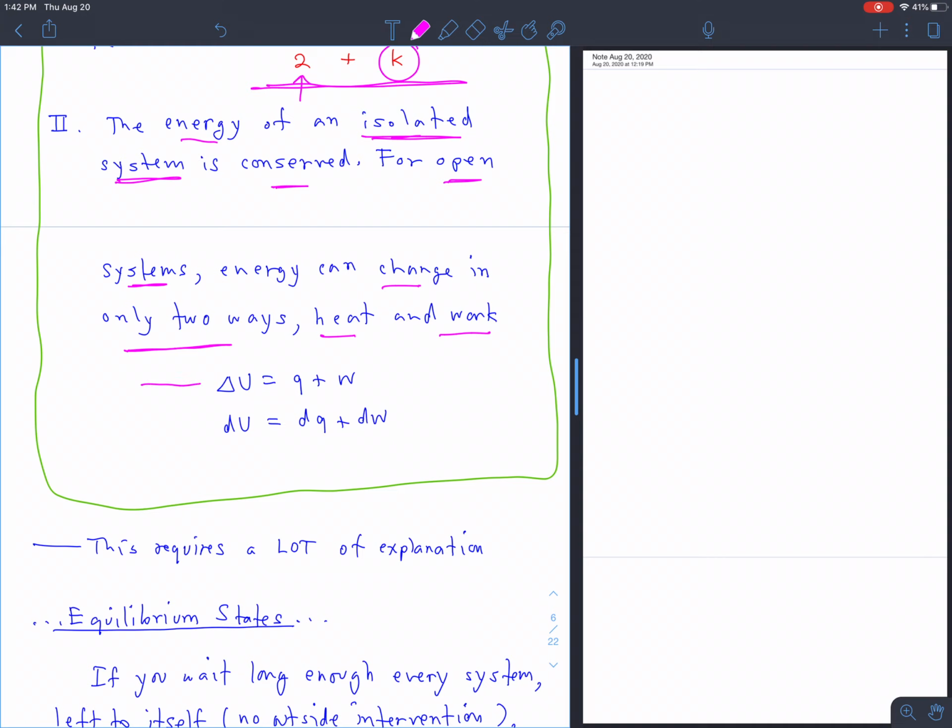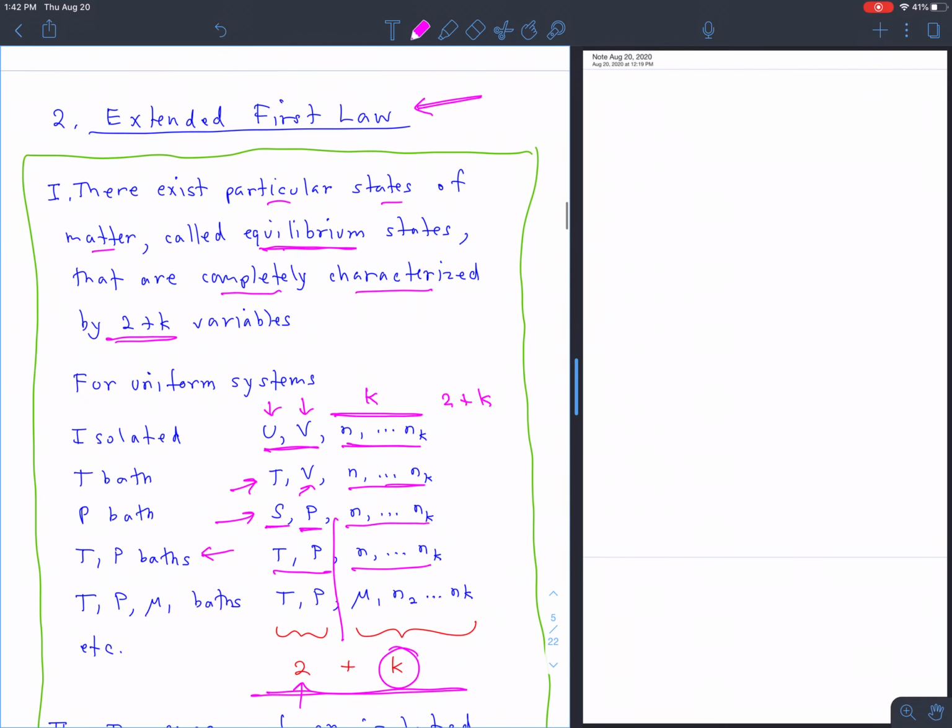And that means the energy change for the system. So whenever I write U here, that's the symbol for thermodynamic energy in this class. The change in the thermodynamic energy of the system is equal to the change caused by a heat flow and the change caused by whatever work has been done. If it's a very small change, then dU is equal to the small heat flow plus the small work that was done. All right, that's the statement of the extended first law.